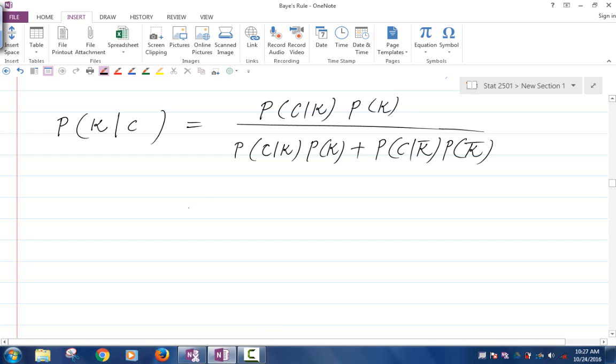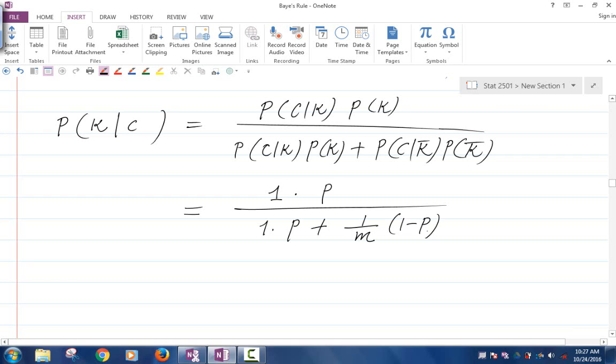Okay, so now we plug in the numbers. What is P of C given K again? What is P of K? 1 times p plus, what was P of C given K complement? And what was P of K complement? 1 minus p, right?